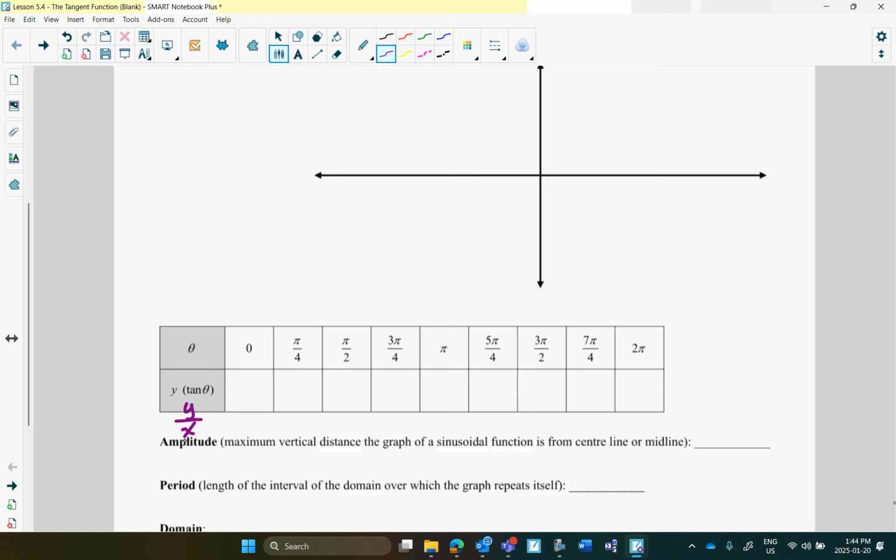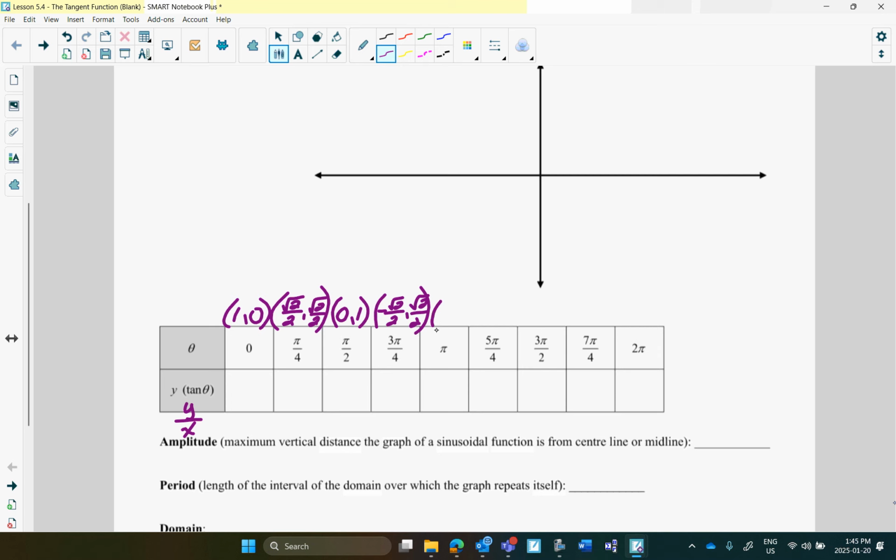the point on the unit circle at 0 radians is 1, 0. The point on the circle at pi over 4, because that's relatively easy to find, is root 2 over 2, comma root 2 over 2. Pi over 2, or 90 degrees, is 0, 1. Three pi over 4 is negative root 2 over 2, comma root 2 over 2.